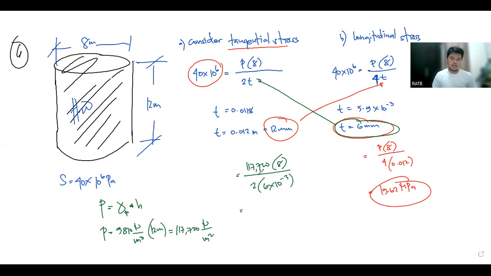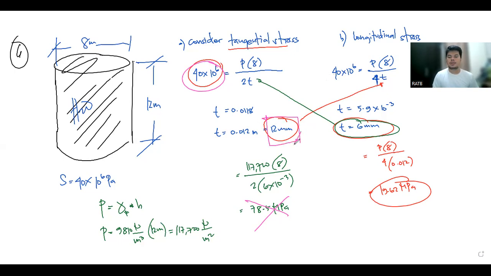So you will end up with around 78.5 megapascal, which is way bigger as compared to the limit, which is 40 megapascal. Therefore, the minimum thickness for this tank is equal to 12 mm.